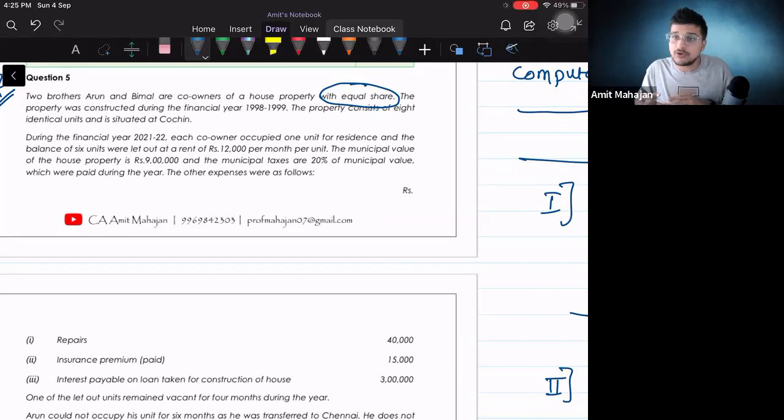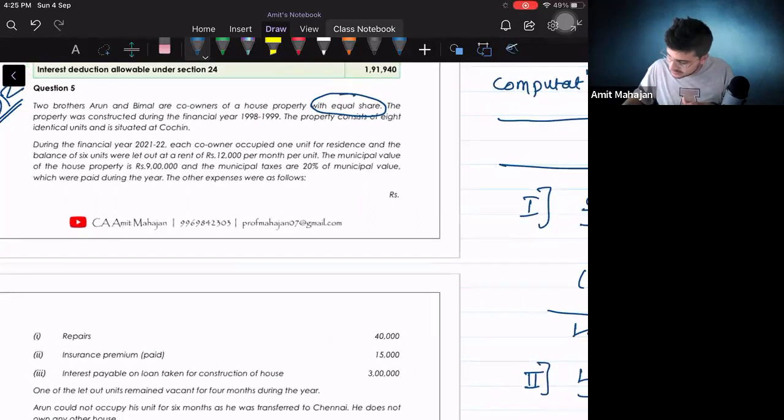We'll have to consider it for the let out portion. Let out was 75%, correct? So 9 lakhs pay 20% into 75%.